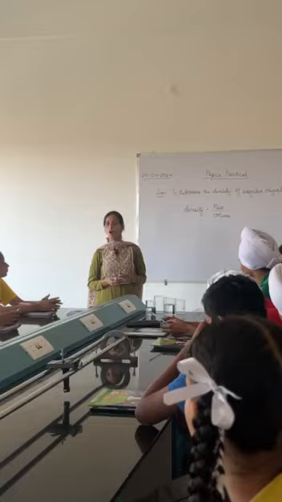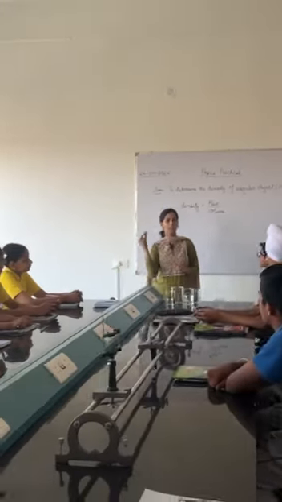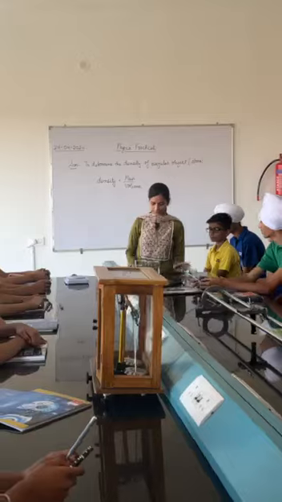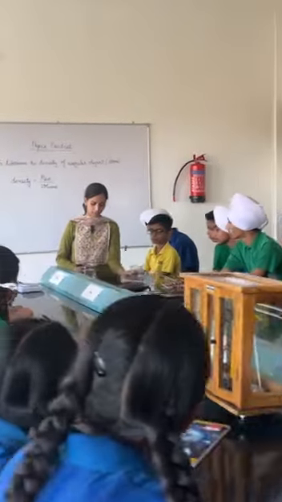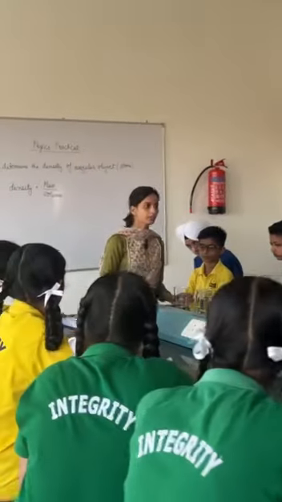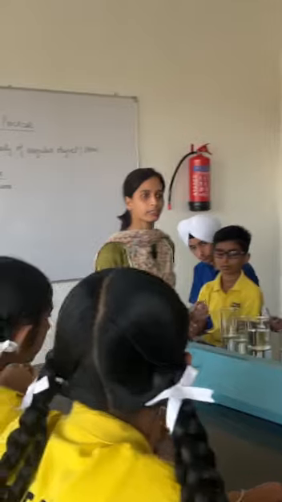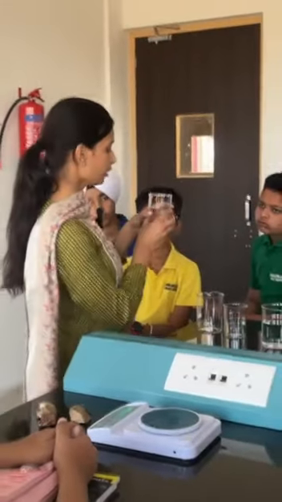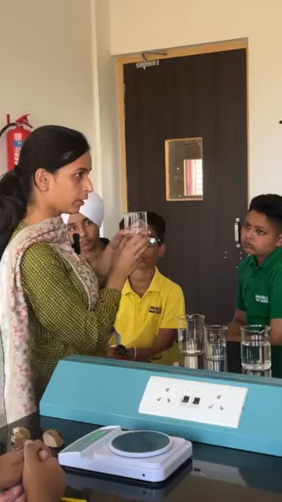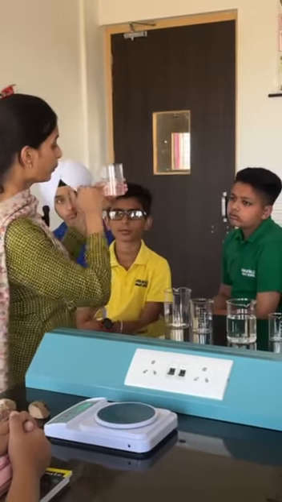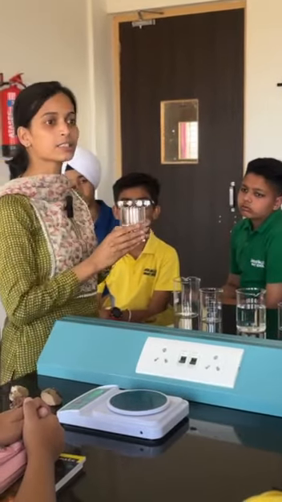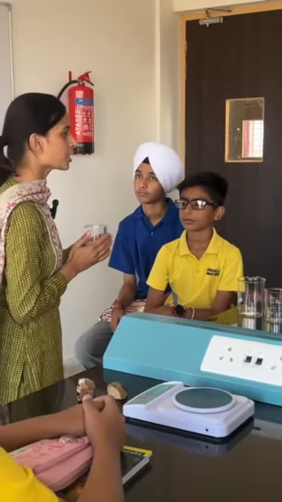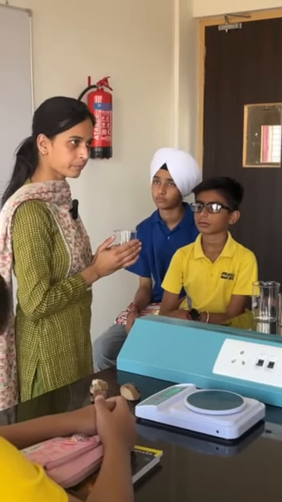Very good. We have some equipment here. I am going to give you some little instructions. We will fill this beaker with water and you will see up to which mark you are filling it. That is your initial volume of water.